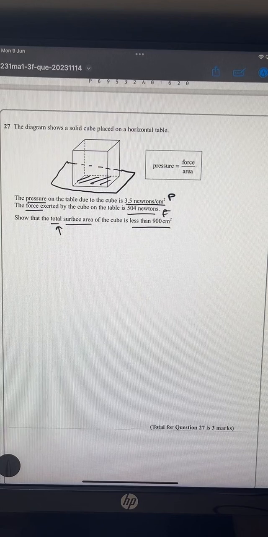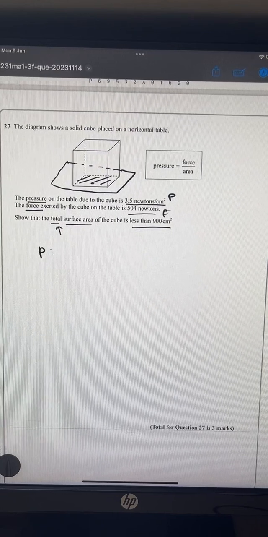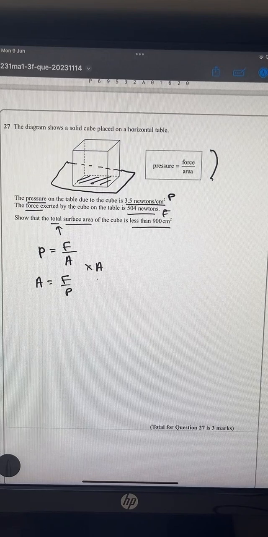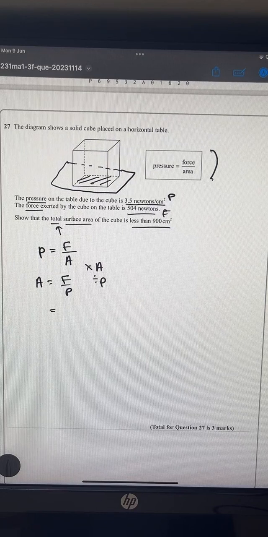So I know that pressure equals force divided by area as given here. So area, if I rearrange, is force divided by pressure, right? I multiply by A and then I divide by P to rearrange for A. So A equals force, which is what? 504. Now this is where I just look at the units. Just make sure they're all the same, right?